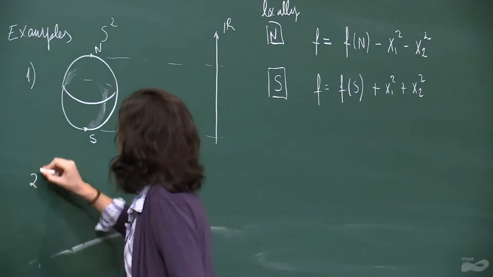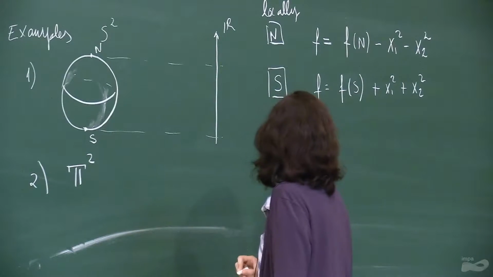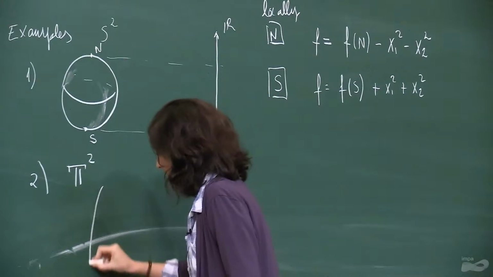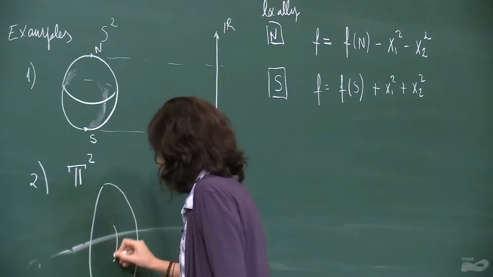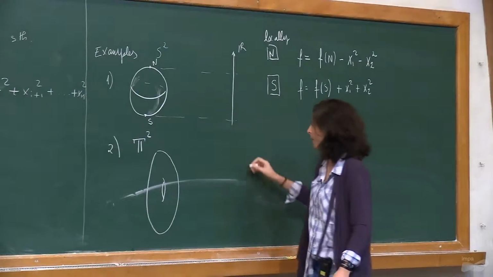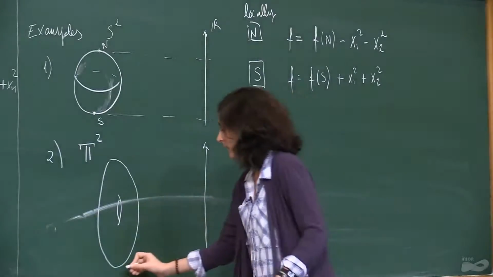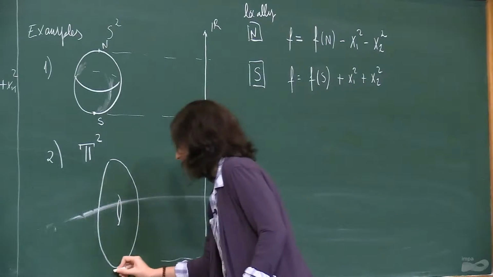Second example, so this was S2. Let me consider the torus here. And let me draw it this way, vertically. Okay, and again, consider the height function. So in this case, I'll have 4 critical points. The minimum, let me call it small m.